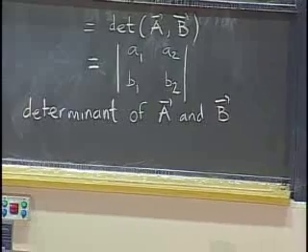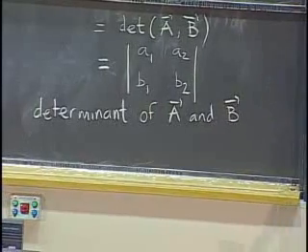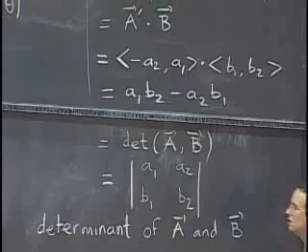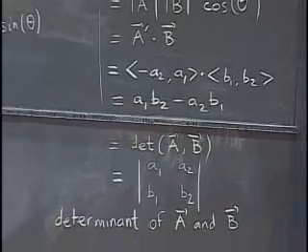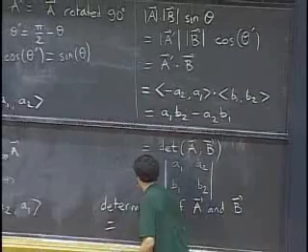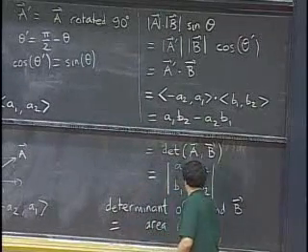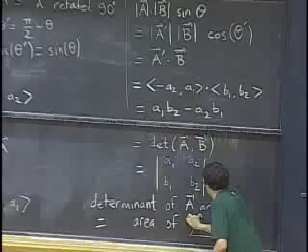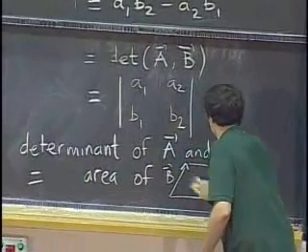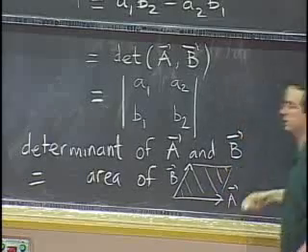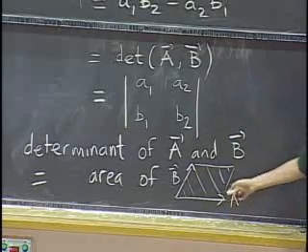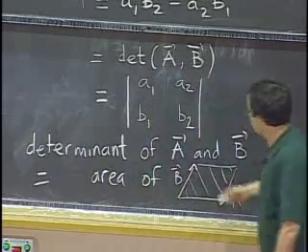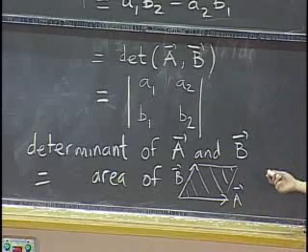And geometrically, what it measures is the area, well, not of a triangle because we didn't divide by 2, but of a parallelogram formed by A and B. So it measures the area of the parallelogram with sides A and B. And of course, if you want the triangle, then you will just divide by 2. Okay, the triangle is half a parallelogram. There's one small catch. The area usually is something that's going to be positive.